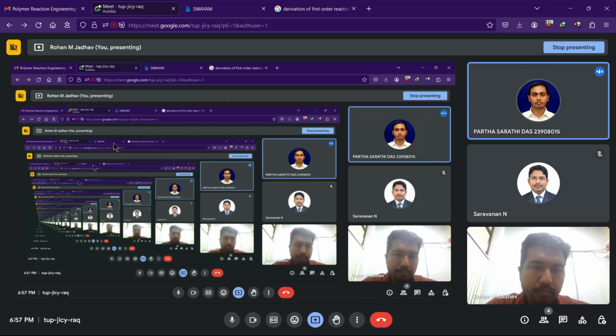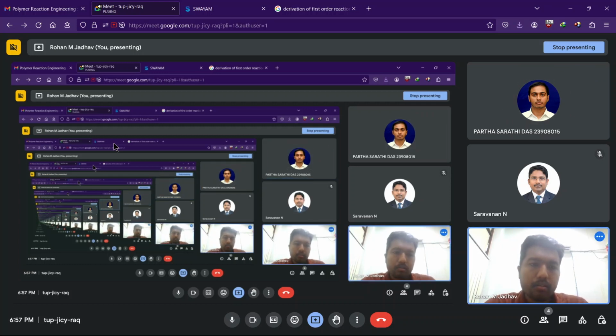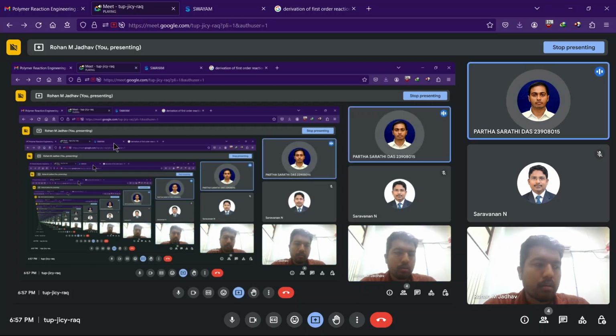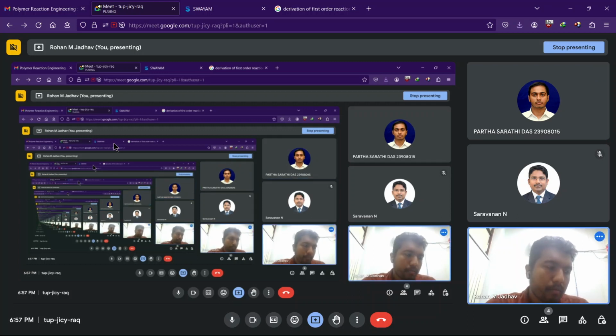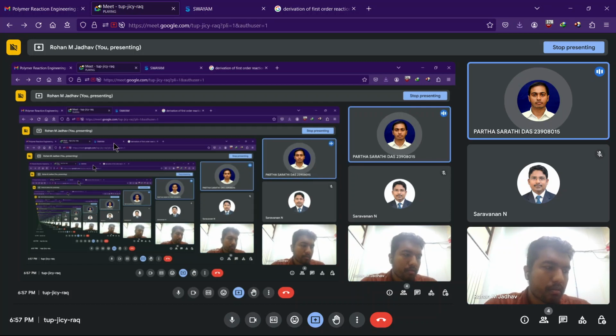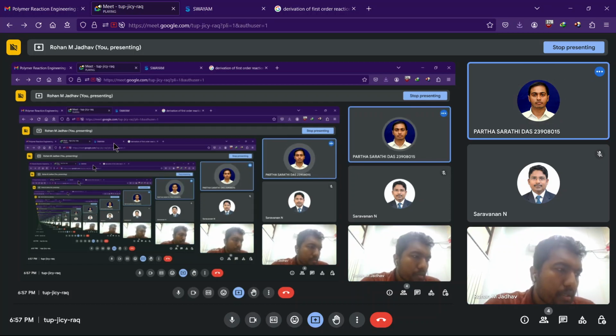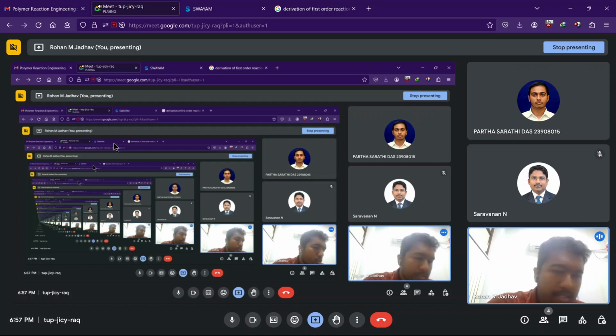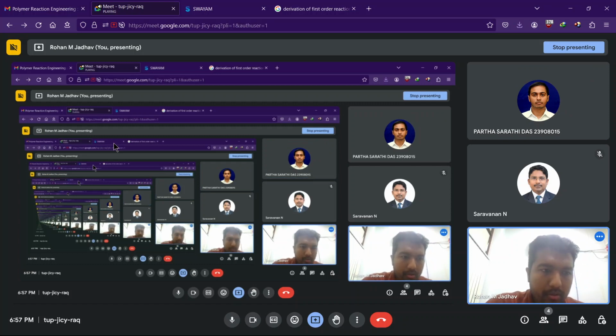The general expression that we have obtained is 1 by (m minus 1) ln of (m minus xa) whole divided by m(1 minus xa) equals k a naught t. Is this expression for the third order reaction or calculating?